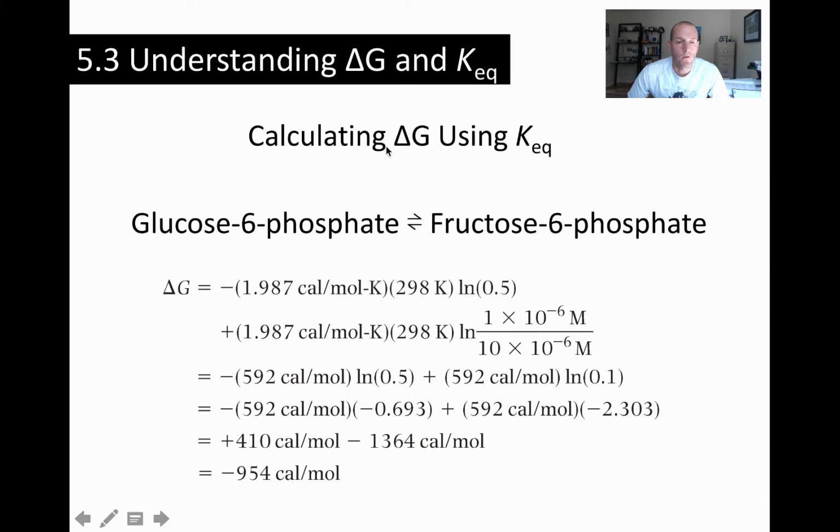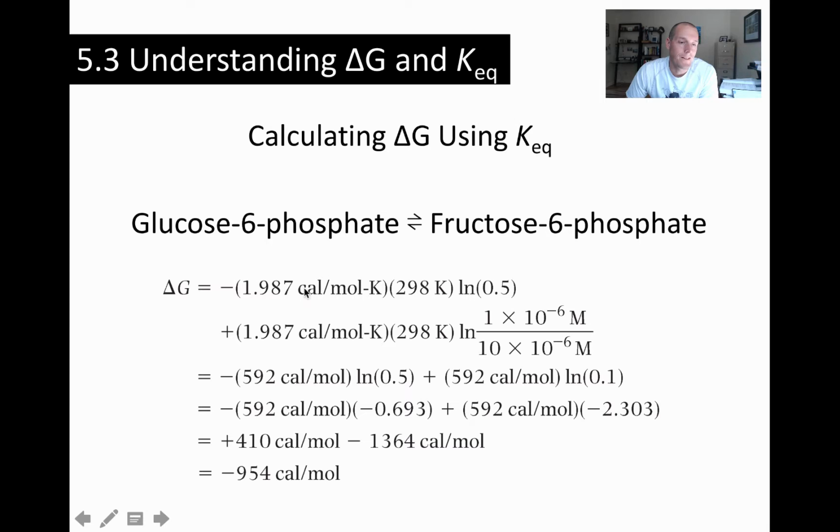So that's the equilibrium constant for those two. This is one of the reactions in glycolysis, in the first set of reactions in cellular respiration. So we're looking at the equilibrium constant for this being 0.5, and we want to calculate delta G over here. So what numbers do we have here?